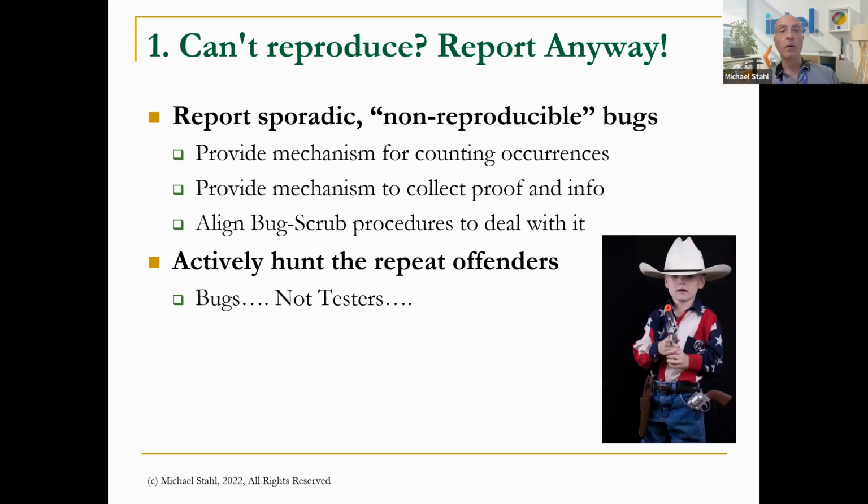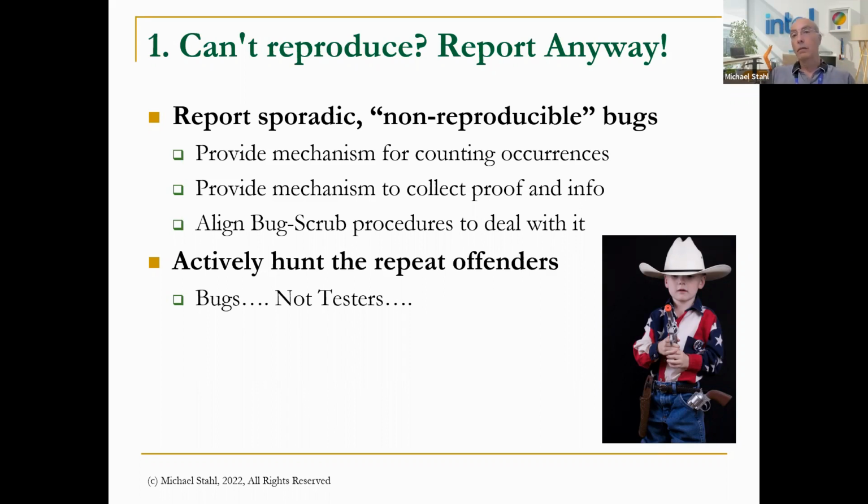This is a problem because if you don't report these bugs, there is no evidence that they ever happened. So if another tester encounters this bug and they too cannot reproduce it, they don't know that somebody else has already seen it before. For them, it's the first time, right? So we lose the ability to start collecting this important information that says sometimes this bug appears.